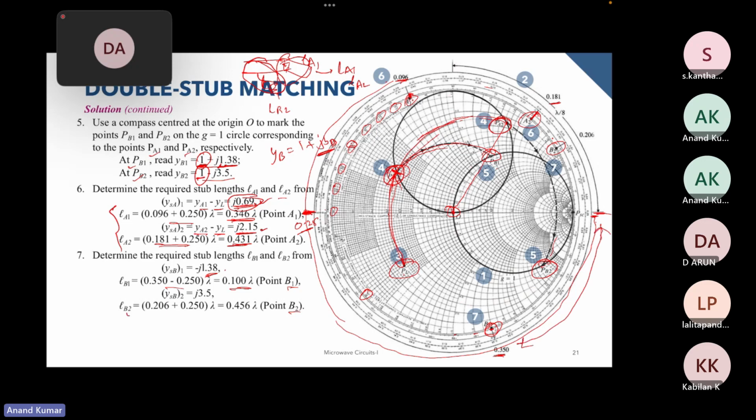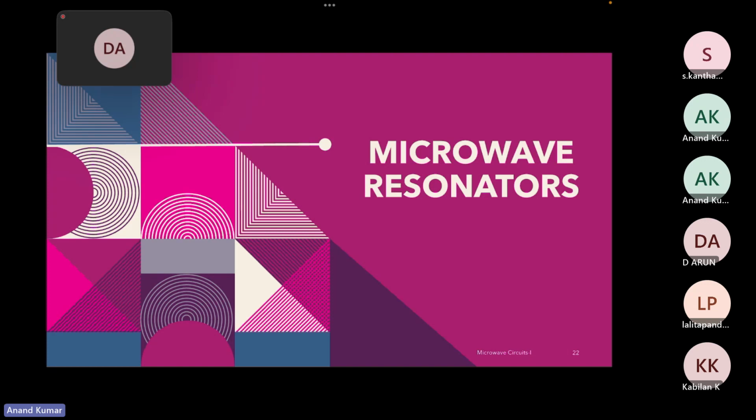Similarly, we will do it for b2, and we'll get the length of the stub for the second stub, which is away from the load. So this is the way we will solve a double stub matching problem. Maybe I'll just pause over here, and you can ask if you want me to repeat this again, or if you have any specific questions from any particular step.